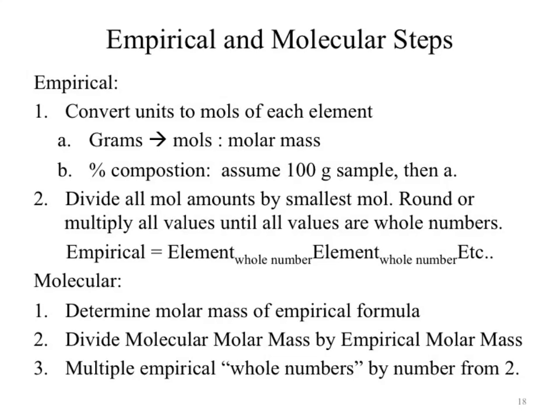Same thing with chemistry. So our first step is to get everything into moles. Once it's in moles, we can slide it into a formula. But then we run into an issue: what if our moles don't come out exactly at a whole number ratio? We get, say, 5 to 1.6.